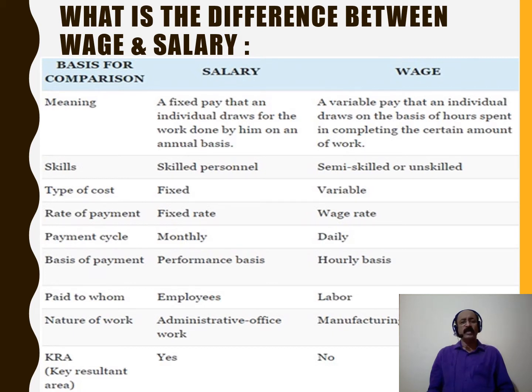Nature of work: salary is mostly administrative or office work, whereas wage can be manufacturing or maybe contract work. And key result areas: in salary they are measured, whereas in wage they are not measured, because it is usually a temporary appointment and doesn't require much performance evaluation, and key result areas may not be fixed. Of course, there are certain cases where even key result areas will be mentioned.